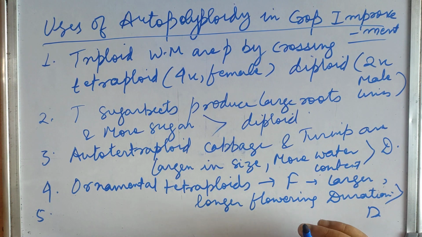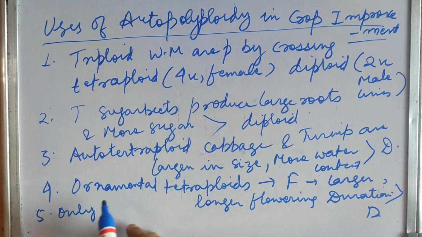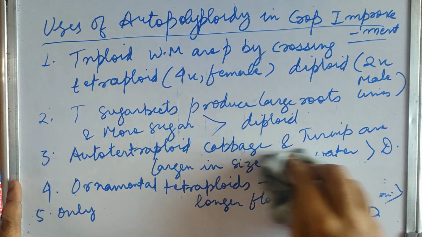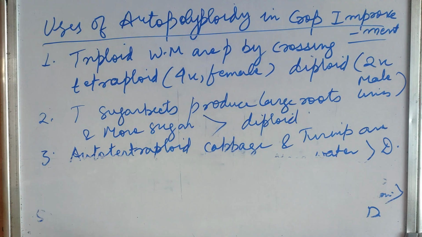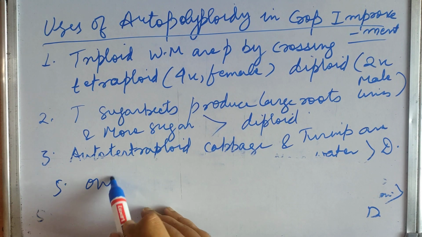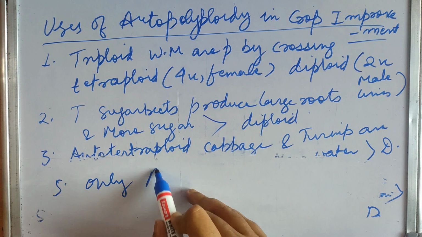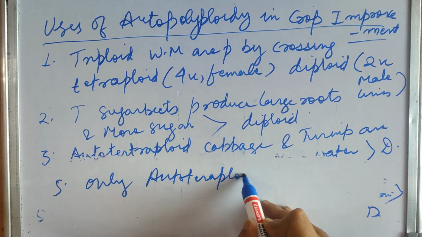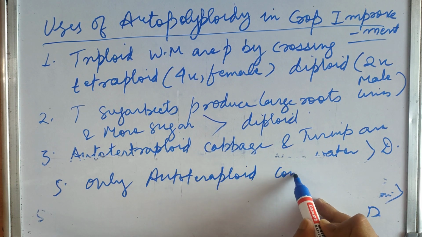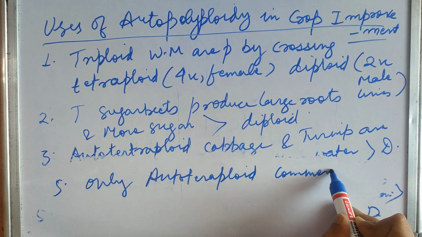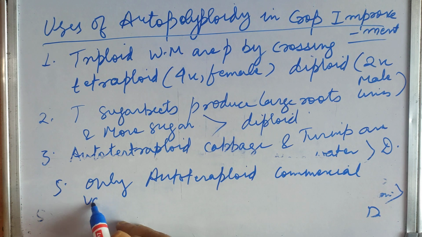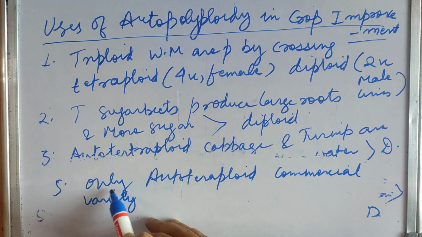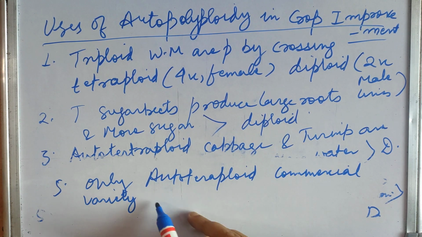This is the fifth point. The only autotetraploid commercial variety is of rye.